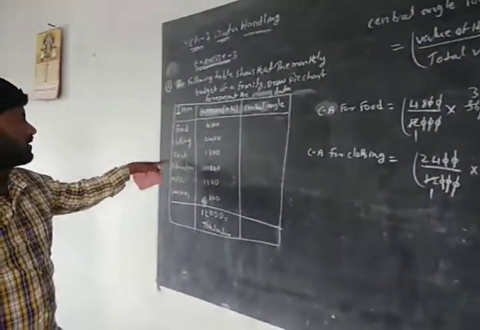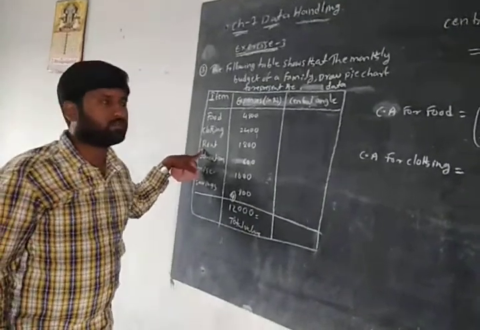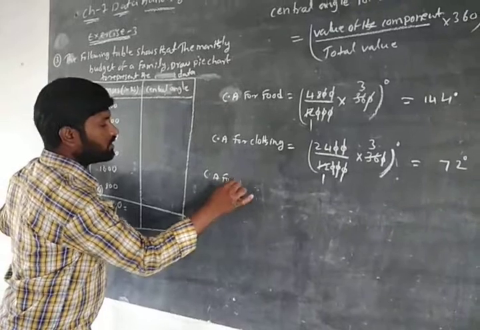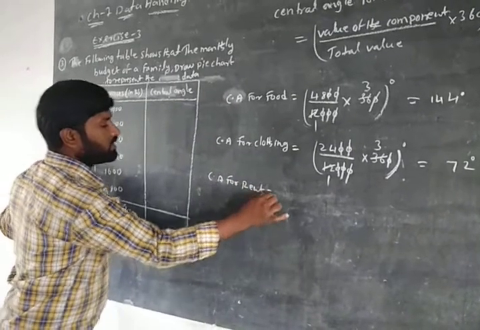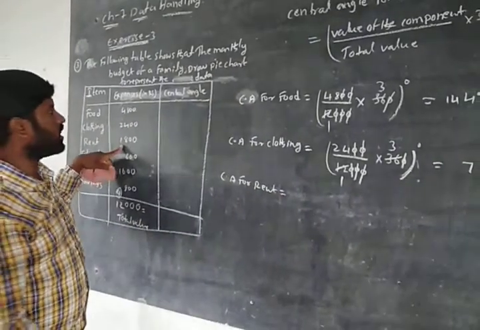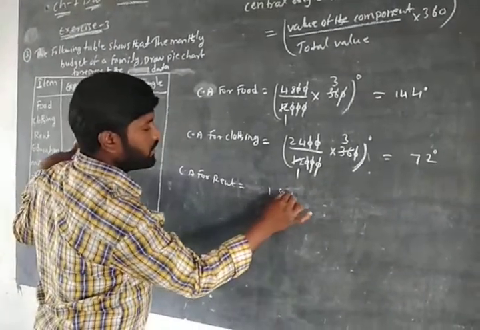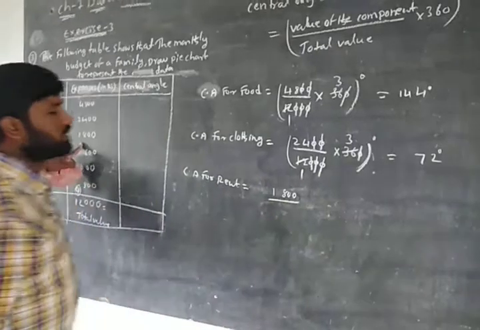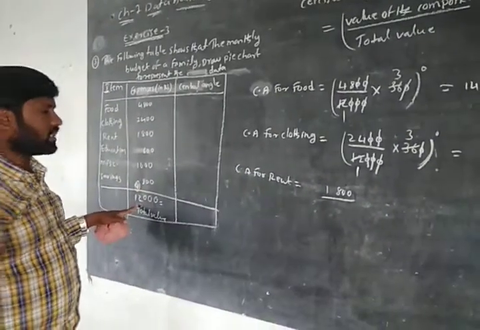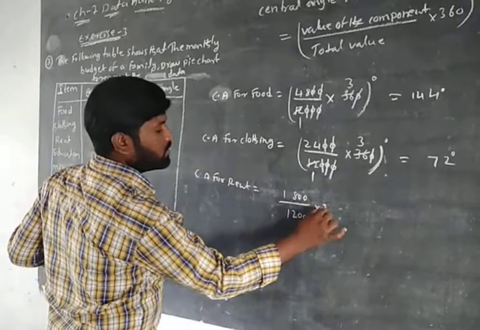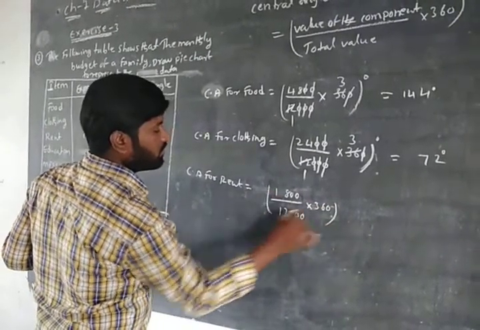What is the next item? The next item is rent. Central angle for rent is equal to expenses 1800 divided by the total value 12,000, into 360.